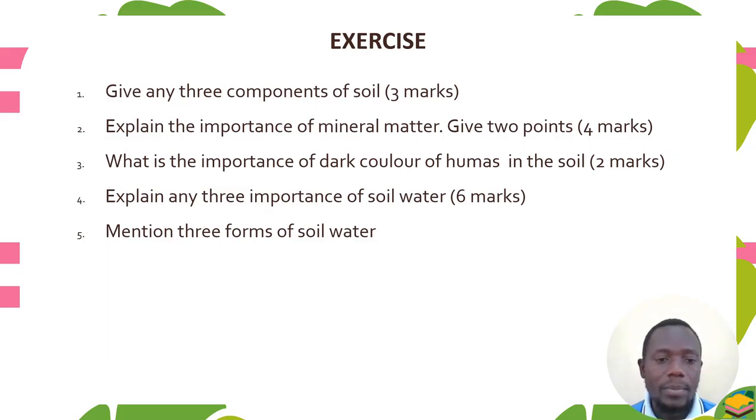Then explain the importance of mineral matter; you can explain 2 points there. The other question is, what is the importance of the dark color of humus in the soil? Question number 4 is, explain any 3 importance of soil water. The last question is, mention 3 forms of soil.